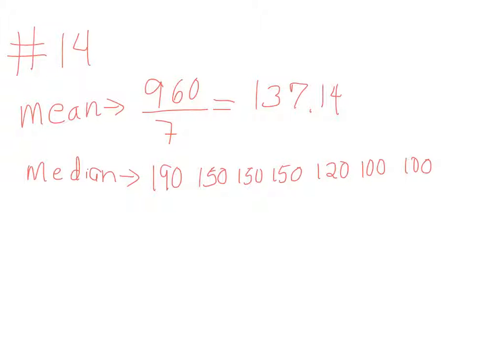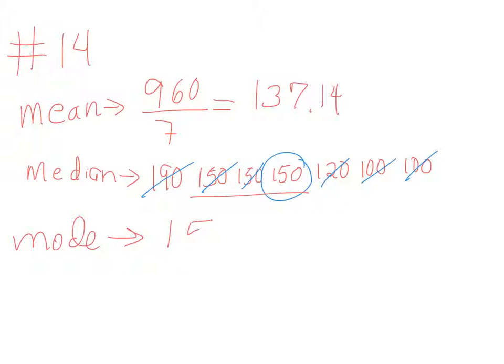So here you start eliminating outside, outside, outside. So the median is 150. And for the mode, it is just the number that repeats the most, and that is 150.